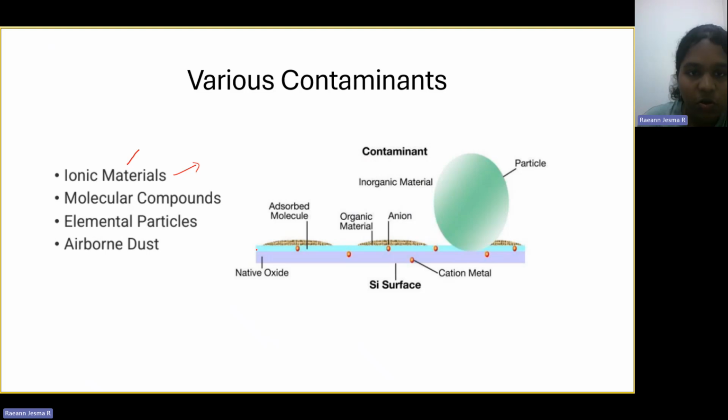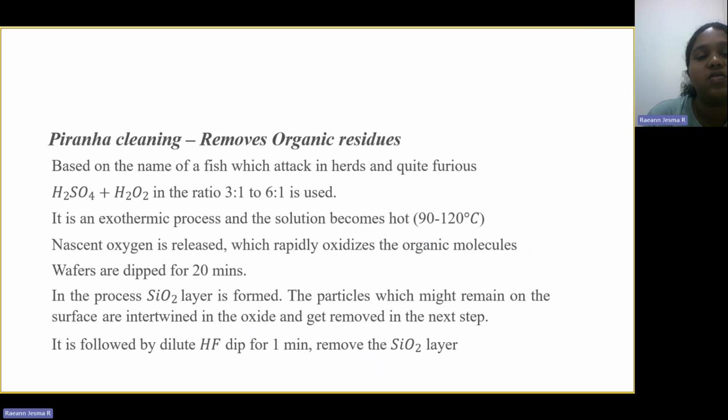In order to remove the various contaminants present on the sample, we have various cleaning methods. One of the cleaning methods is piranha cleaning. Piranha cleaning is named after a fish that attacks in herds and is quite ferocious.